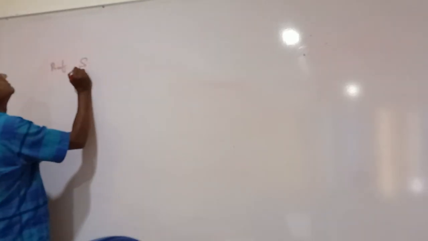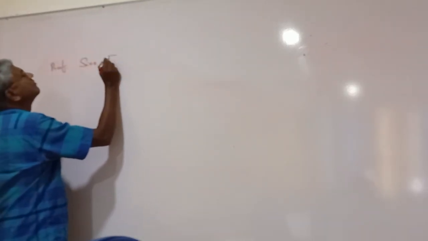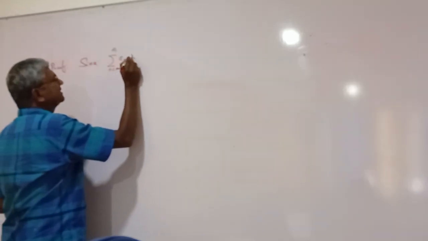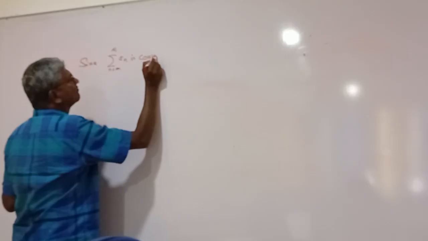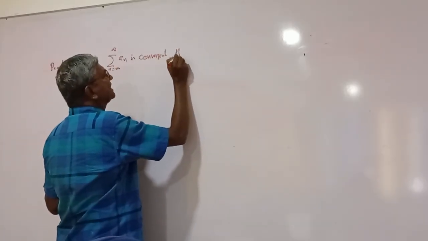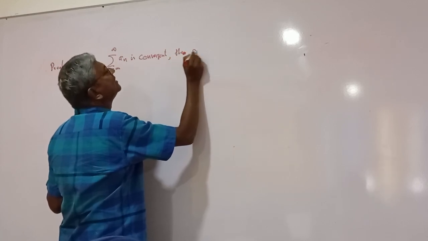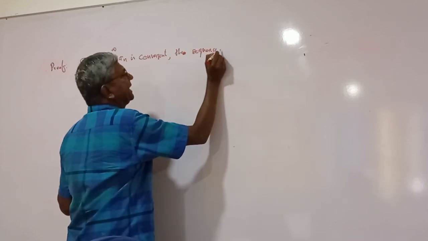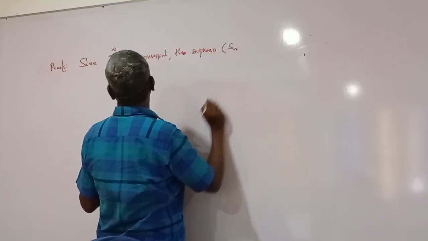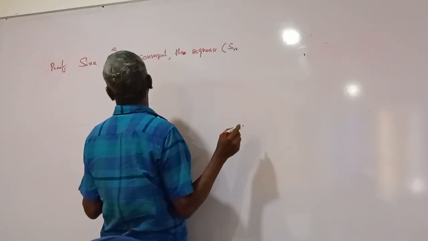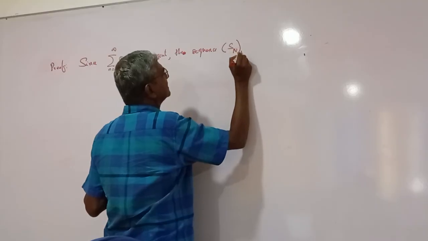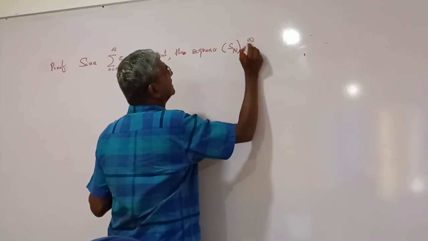Since sigma a_n, n going from 1 to infinity, is convergent, the sequence S_n is Cauchy.